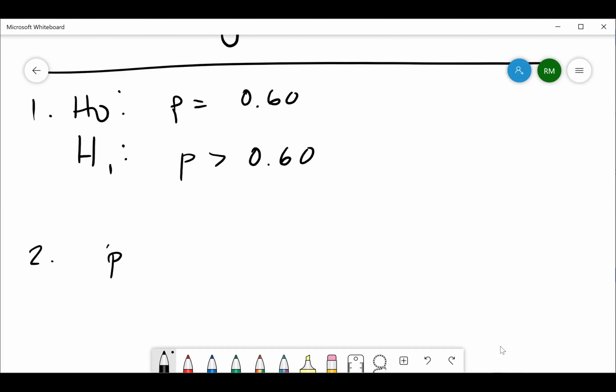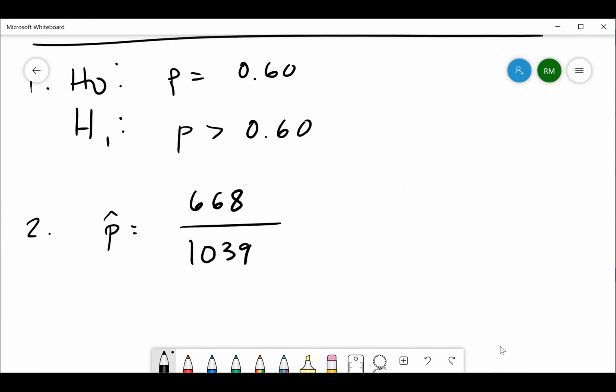First we need to find the sample proportion of adults who believe that global warming is caused mainly by human activities. There were 1,039 people who took the survey, and 668 reported that they believed that global warming was due mostly to humans. That's p hat, our sample proportion.